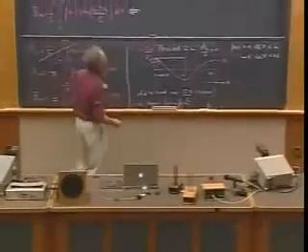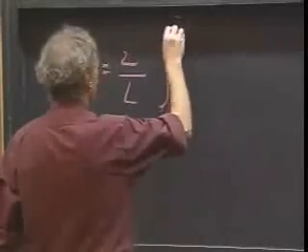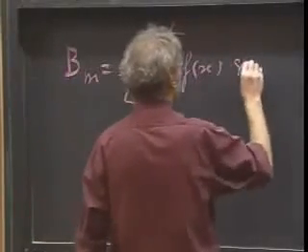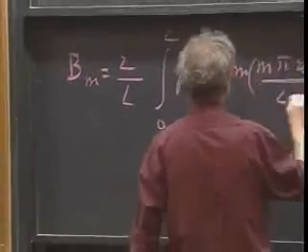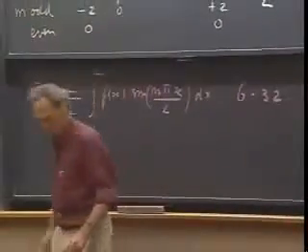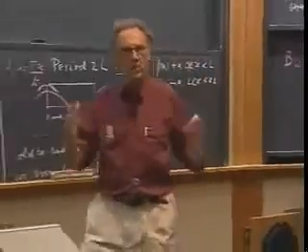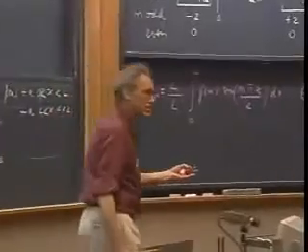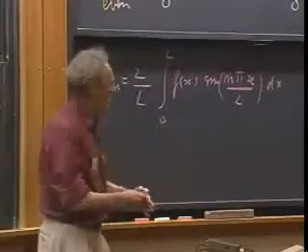Instead of having 1 divided by L, he says, no, you should really do 2 divided by L. But then he says, all you have to do is now integrate between 0 and L of the function of x times the sine of m pi x divided by L times dx. And this is equation 6.32 in French. If that's all we knew about Fourier analysis, we would have a very narrow picture, because it is an extremely special case. But it's true that whenever you have a string which is fixed at both ends, this will do.